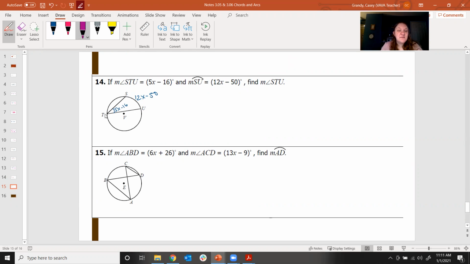This is an inscribed angle since the vertex is on the circle, and I know that the angle equals half of the arc. So now we just need to solve for x. I'm going to distribute that 1/2 to everything in here.